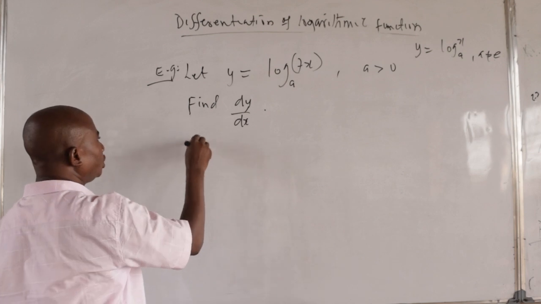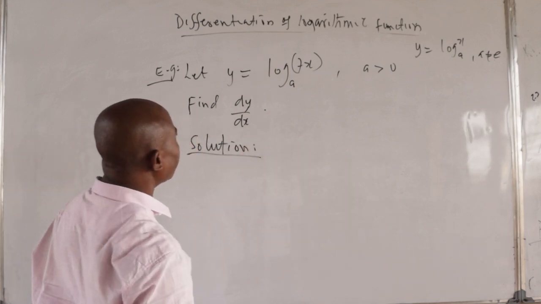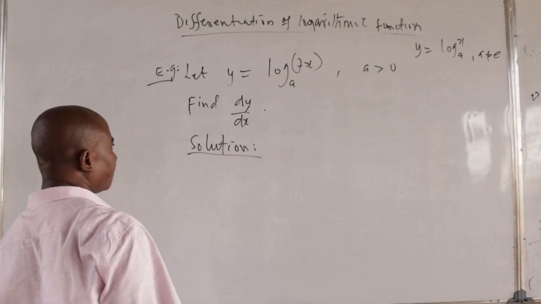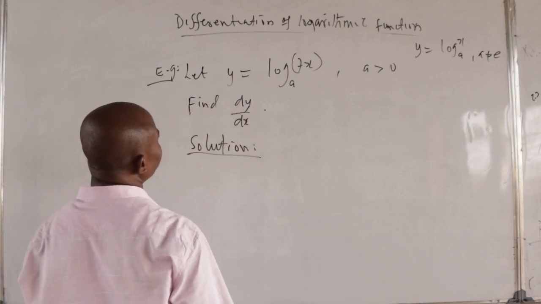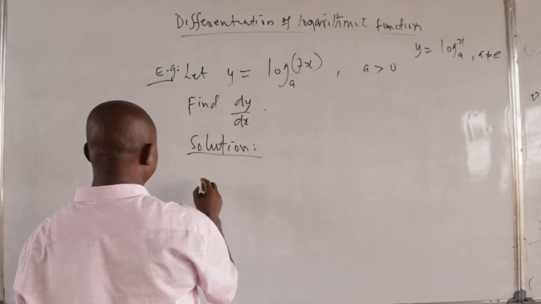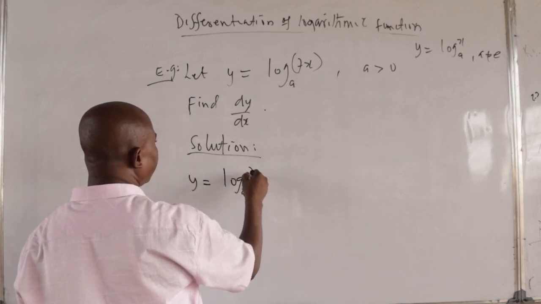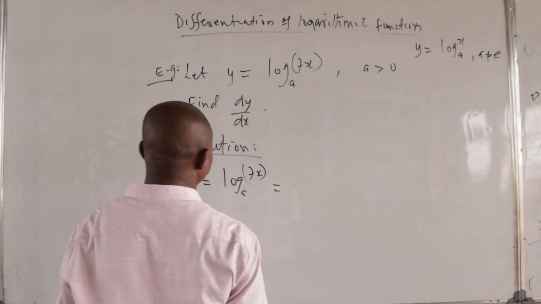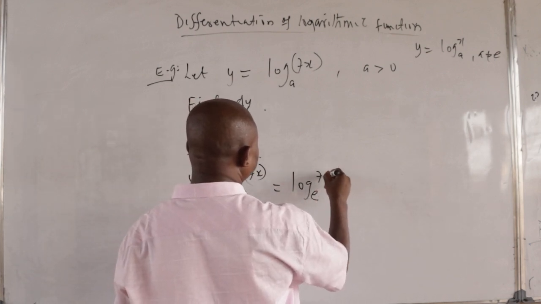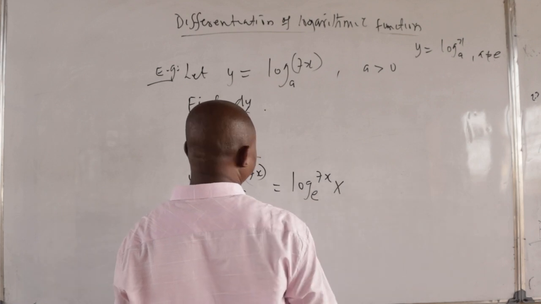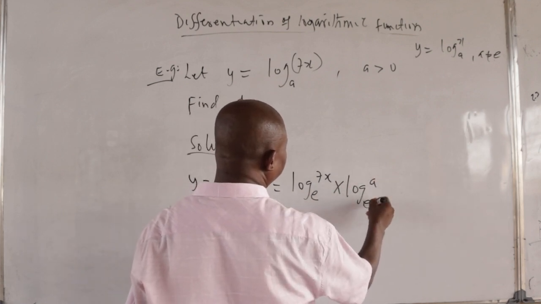And so to get this done, we change the base. So we can rewrite this: y is log to base a of 7x. This is nothing but log to base e of 7x multiplied by log to base e of a.